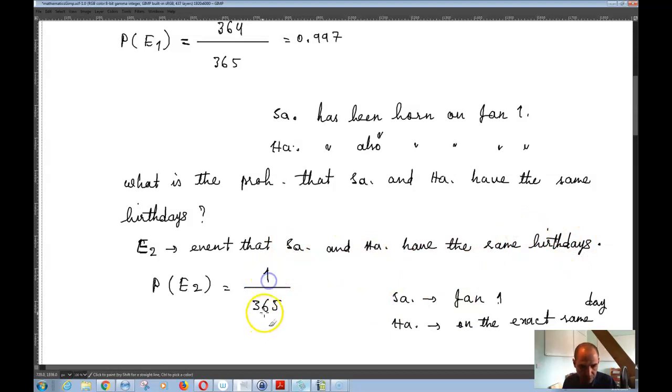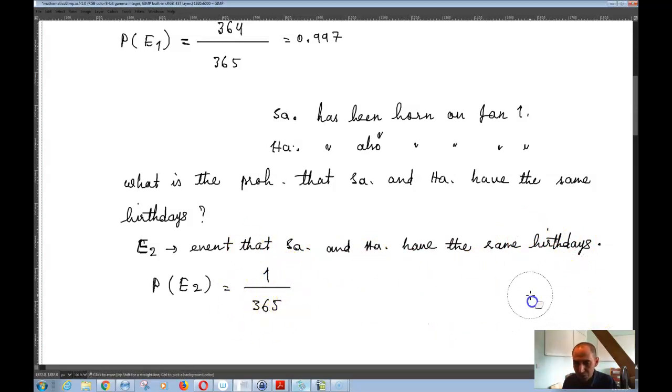So I can write this as 1 divided by 365, which is the same thing as 0.003, rounded to 3 decimal places.